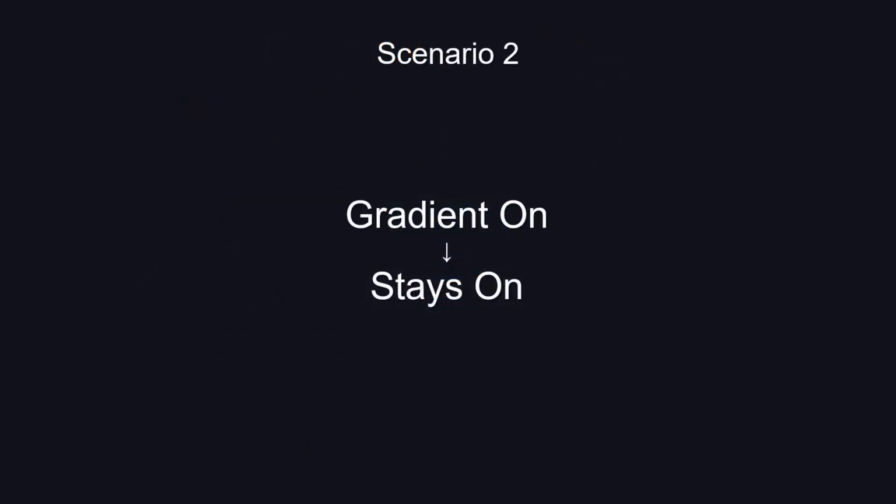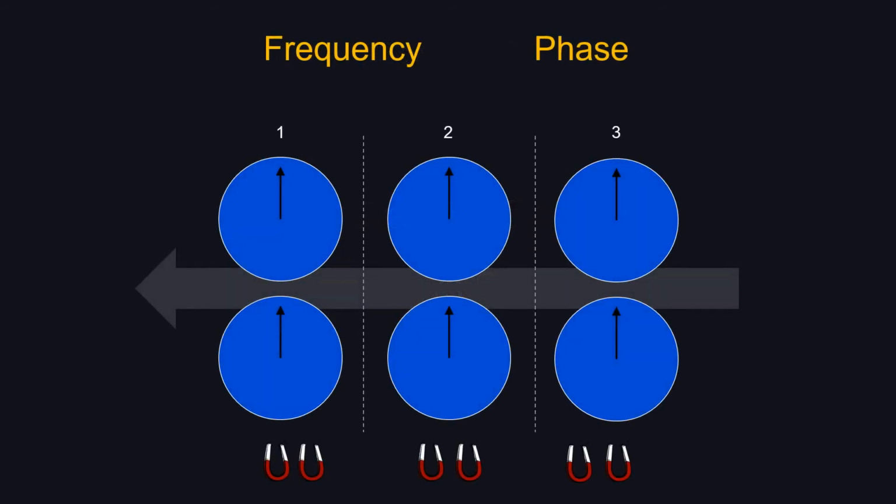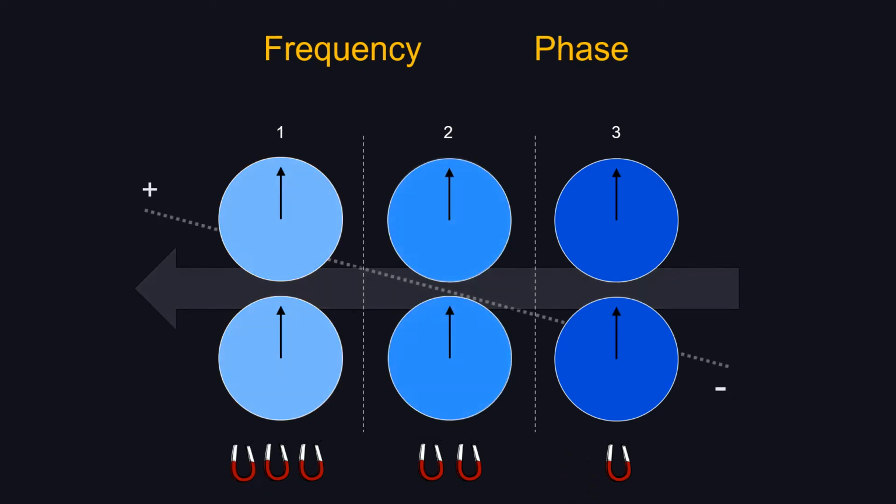Scenario number 2. You turn on the gradient and the gradient stays on. Initially, in column 1, 2, and 3, everybody has the same frequency and same phase. Now you turn the gradient on. Column 1 is experiencing the strongest gradient, column 3 the weakest. Therefore, the clocks in column 1 would have the highest frequency and column 3 the lowest.